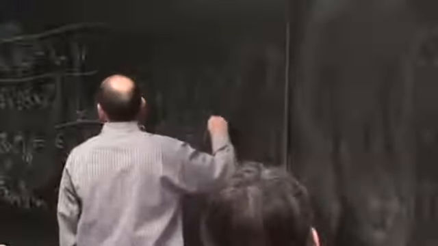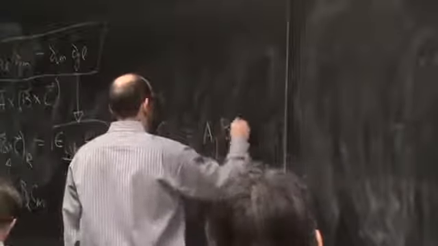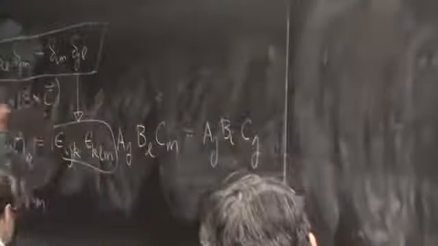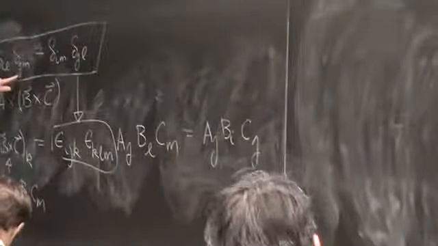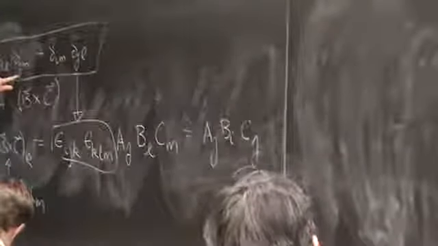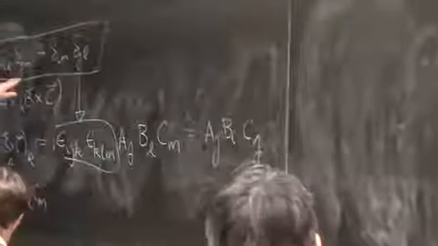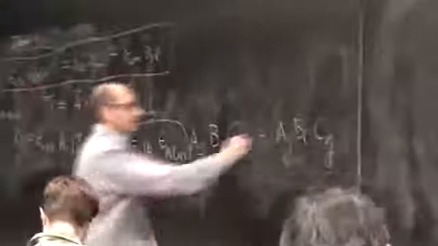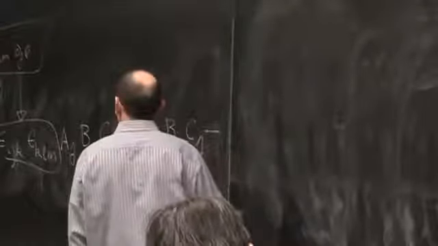So the first term gives me b_i a_j c_j, from those two delta functions. Then I got this delta function, which says replace m with i, and j and l.